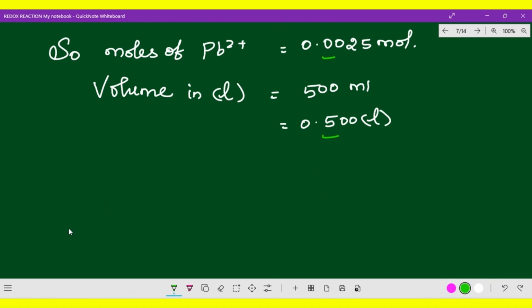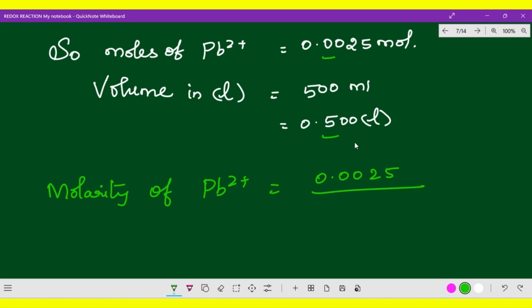Now we are coming to the main point. The molarity of Pb2+ is the moles, 0.0025, divided by the volume of solution in liter, 0.500 liter. So we get 0.005 molarity of Pb2+ ion.